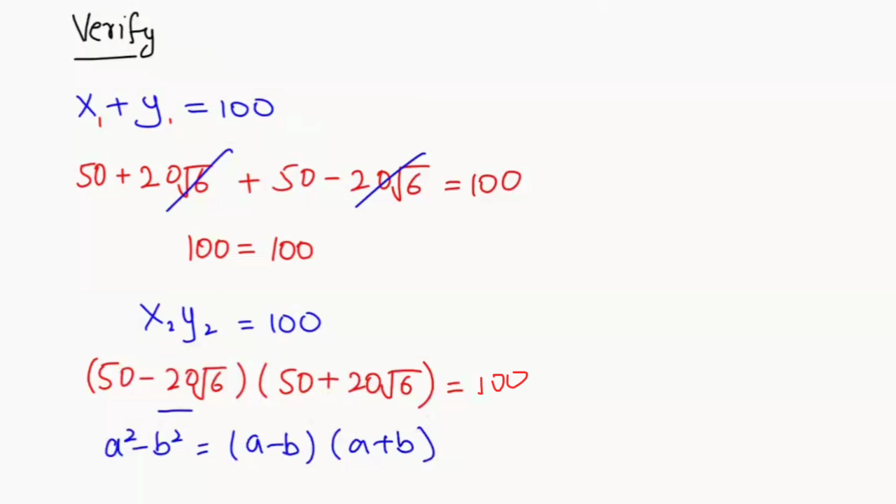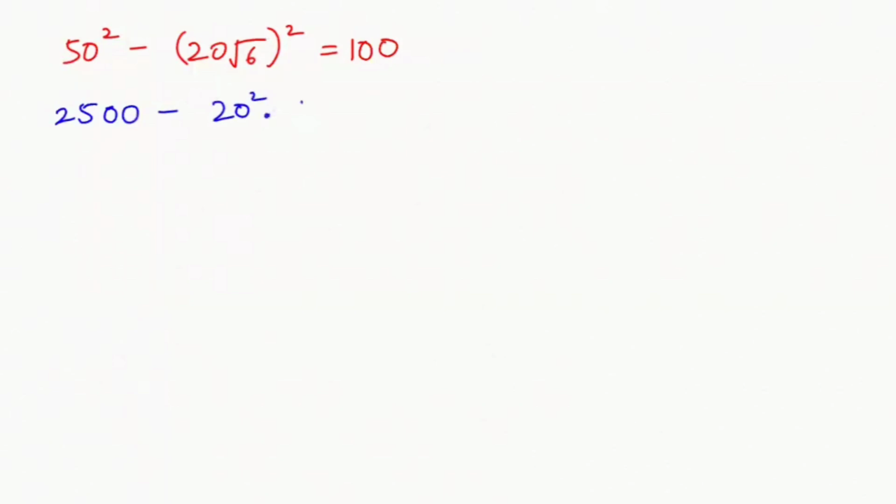So this equation written in this form: 50 to the power of 2 minus 20 root of 6 whole to the power of 2 equals 100. And here 50 times 50 is 2500, minus 20 to the power of 2 times root of 6 whole to the power of 2, equals 100.